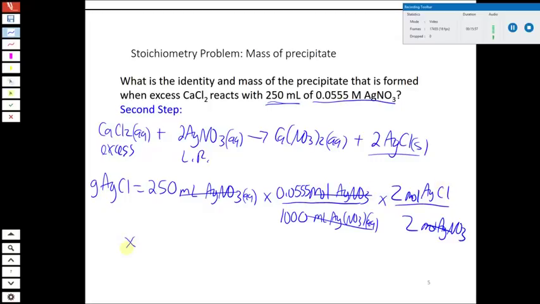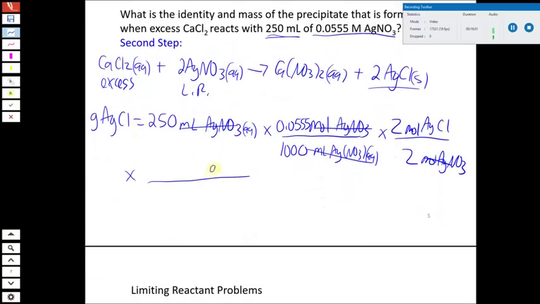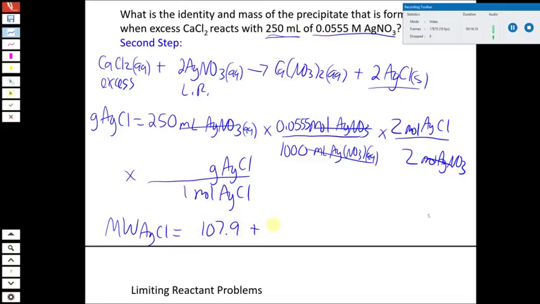And then the last step is to multiply by the molar mass of silver chloride. So that's going to be grams of silver chloride per 1 mole. I was cruel and didn't give that to you here, but we can use the atomic masses to figure out what the molar mass of silver chloride is, which is going to be the atomic mass of silver, which is 107.9, plus the atomic mass of chlorine, 35.45, both of those numbers from the periodic table.